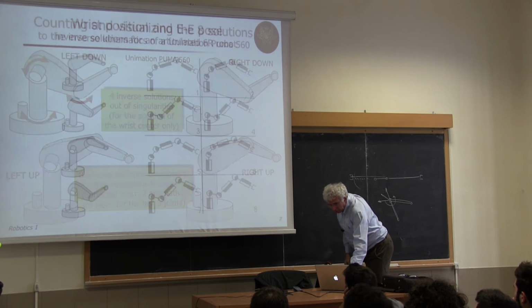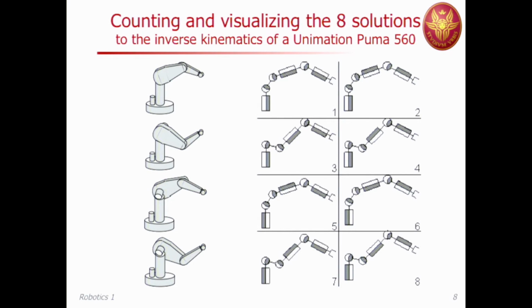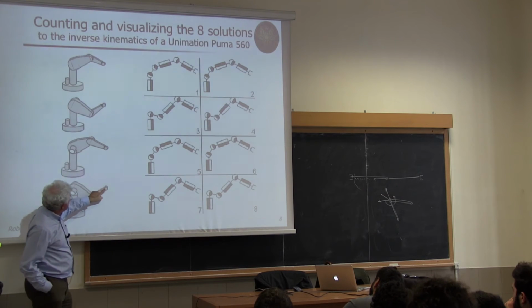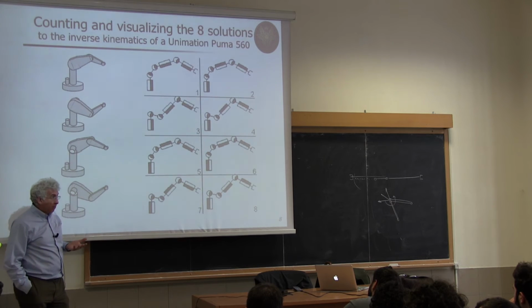By the way, if you want to really look at how this looks, here I found this additional slide. So these are the 4 inverse kinematic solutions for positioning the center of the wrist. Okay?